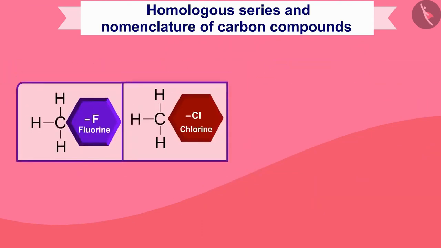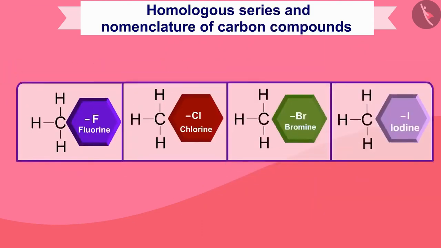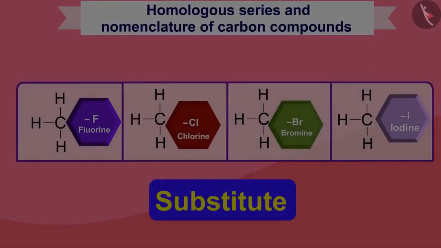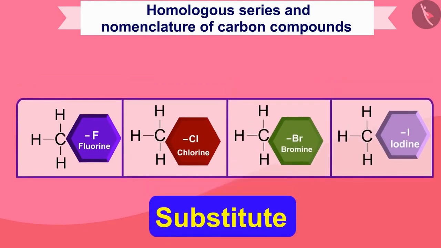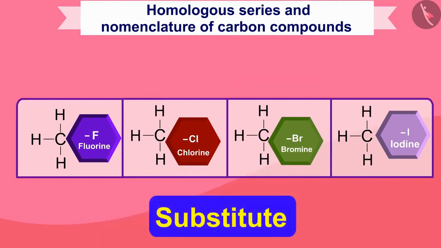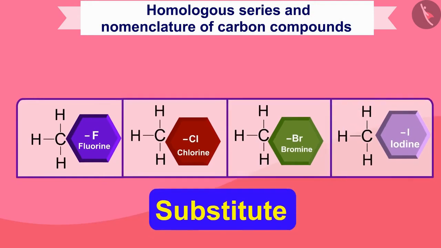Similarly, chlorine, bromine or iodine can replace hydrogen. What is this now? These are substitutions. Because they have replaced hydrogen, in English it is called substitution. So far we have discussed 4 substitutions. You will learn about more substitutions later.